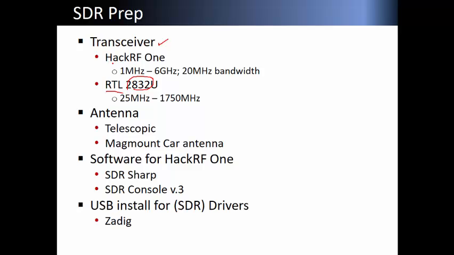The beauty of HackRF is that it covers a wide range from 1 megahertz to 6 gigahertz. So if you are using 4G cell phones or Wi-Fi, then you can see the signals. Okay, bandwidth is 20 megahertz.